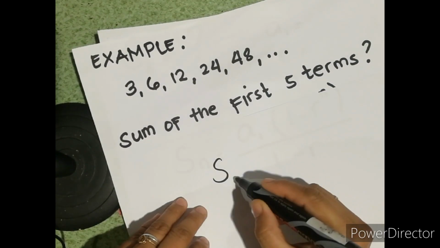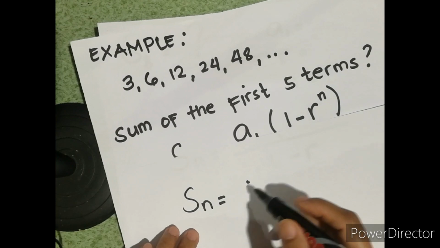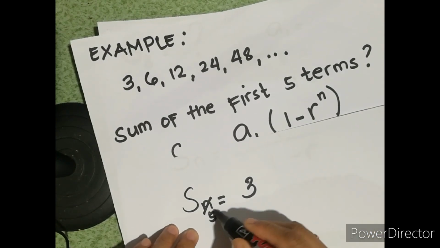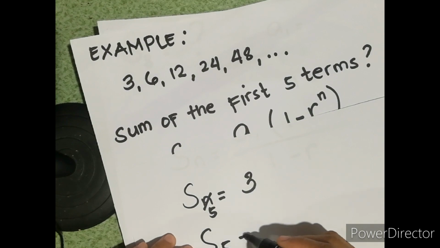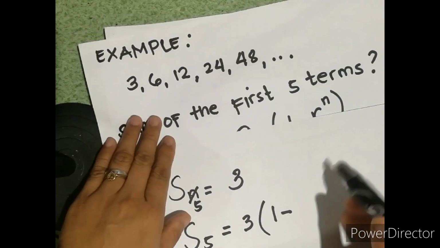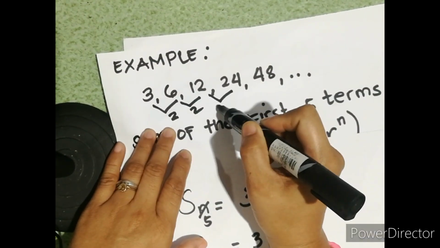So, Sn is equal to, our first term is 3, and n is 5. So S for the 5 terms is 3 times 1 minus, and in our example, the common ratio is 2, multiplied by 2.